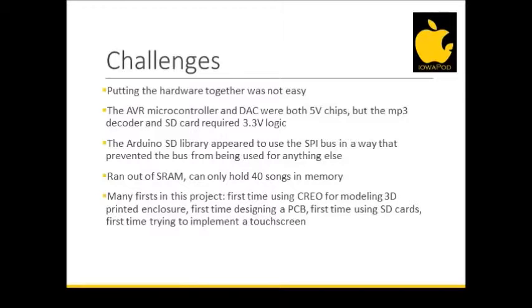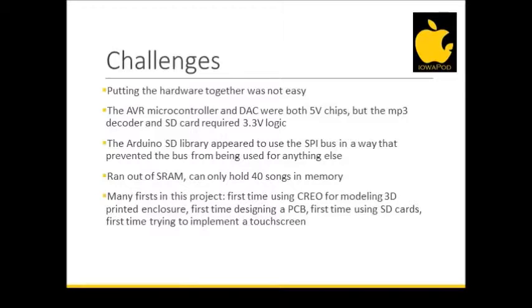As I already explained, the SD library used the SPI bus exclusively, preventing it from being used by any other device. We also ran out of SRAM when creating arrays for storing the song and artist names. The ATmega1280 has only 8 kilobytes of SRAM, compared to the first generation iPod's 64 megabytes, which, if you do the math, means we had less than 0.2% of what the iPod had.